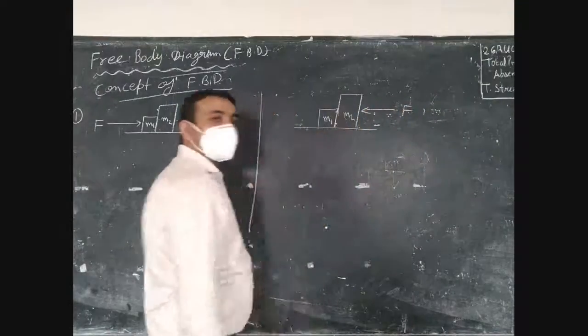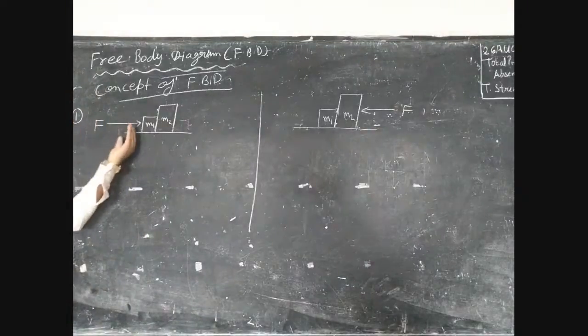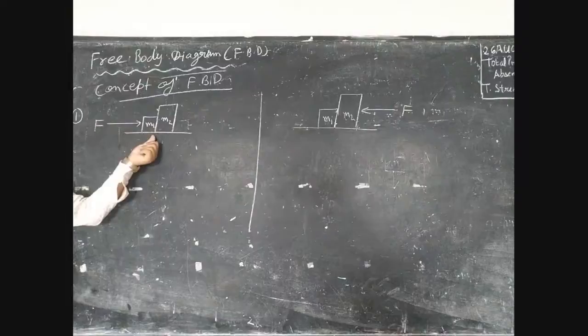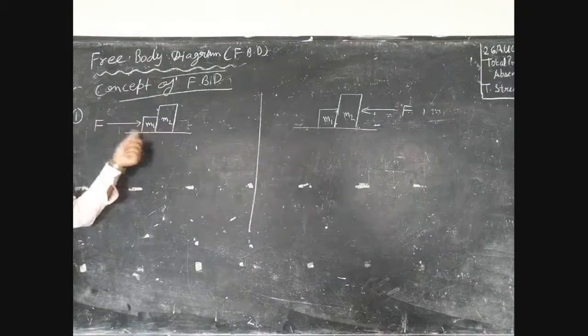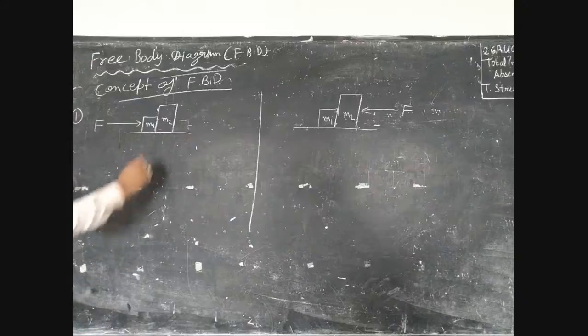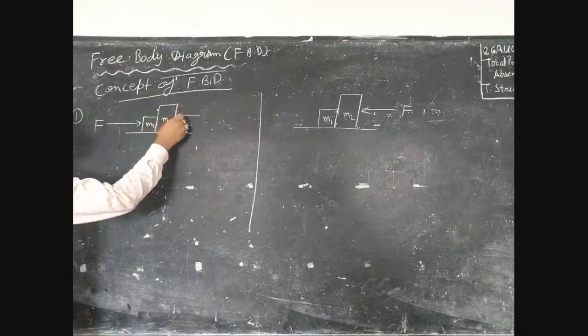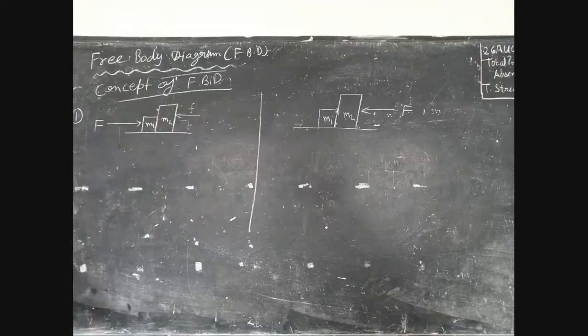And in the second case, the force is applied on the block of mass m2. Clear? Now, when we apply the force on block m1, initially it will not move because block m2 opposes its motion by a small force F. Clear?